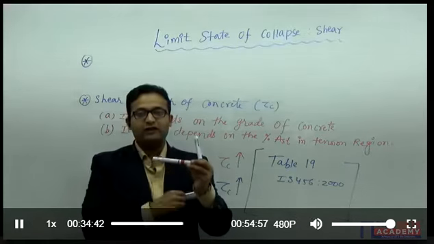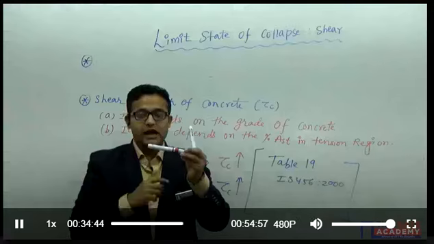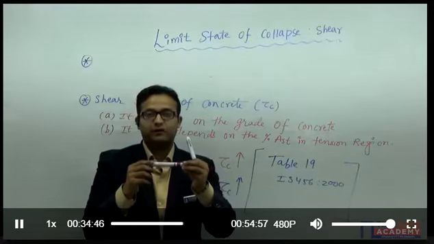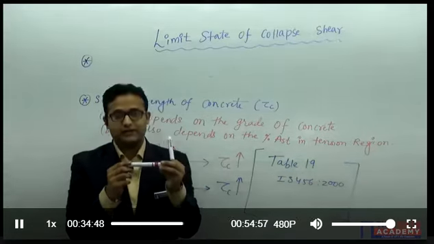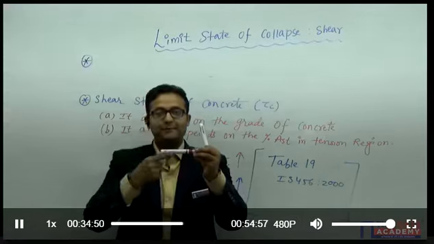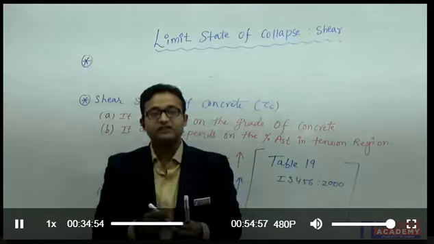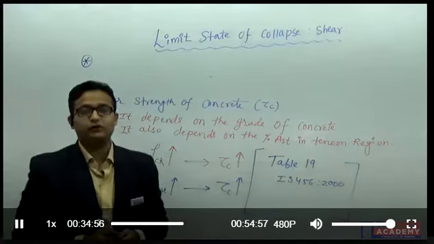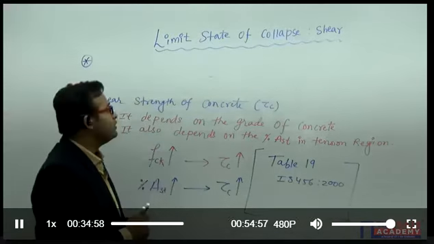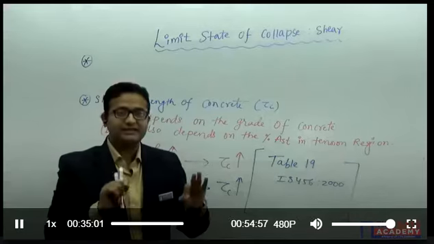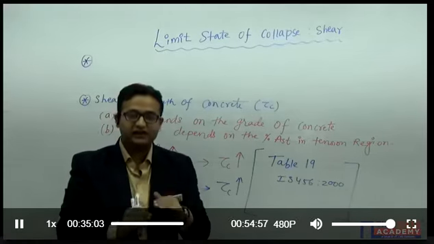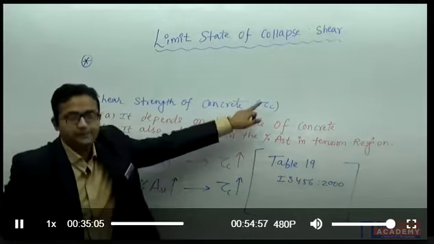One is the longitudinal reinforcement along the length of the beam, and the other is the transverse reinforcement, provided in a ring shape. So it is called shear stirrups. It is provided to take the shear stresses, we will discuss. So without providing the shear stirrups, the shear strength of the concrete is tau c.